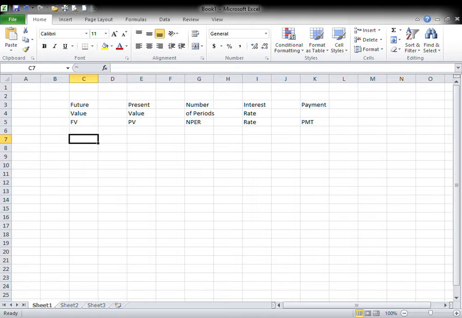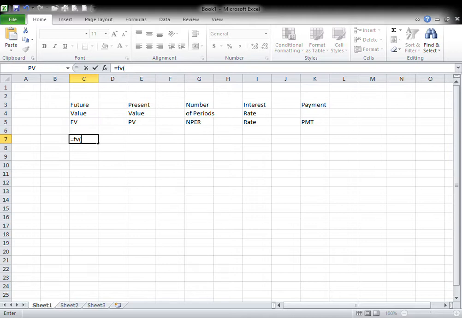To do this, you can just click on an empty cell, put the equal sign in there, and since we're solving for future value, we put in FV and open up the parentheses, and we get the formula that we need.